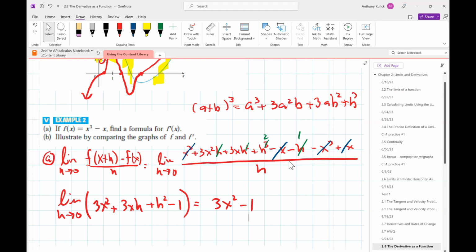I just have one more question too. Uh-huh. So in the second part, after the h cubed, what is the minus x minus h minus x cubed plus x? So I have x plus h cubed minus x plus h, right? So this is that part.